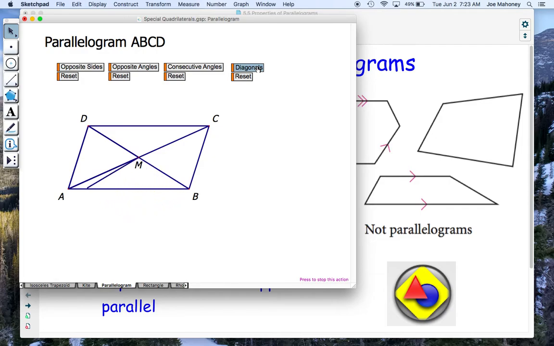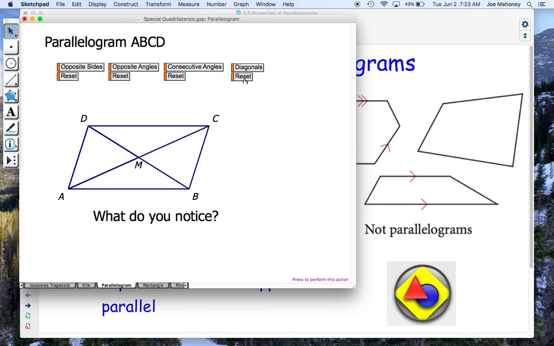Very interesting. So those diagonals cut each other in half. You know what that word is for cut each other in half? Bisect each other, yes. So they bisect each other. What do you think M stands for? Did you say midpoint? Oh, you're awesome.